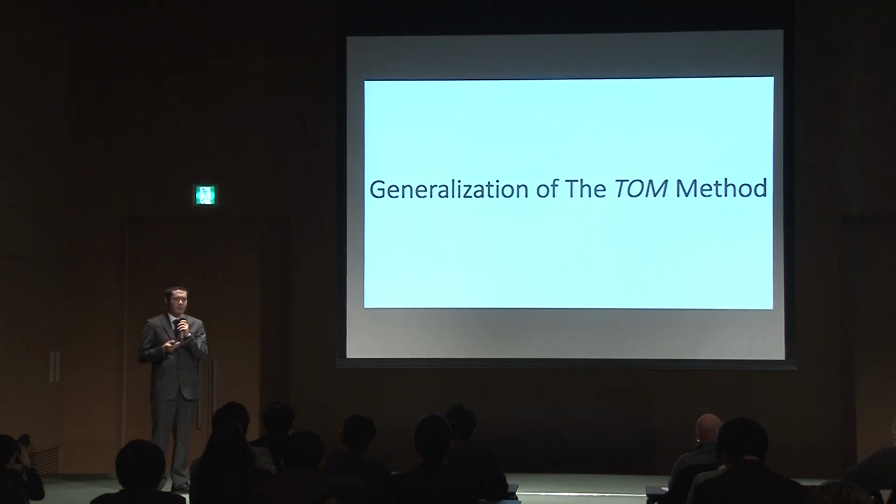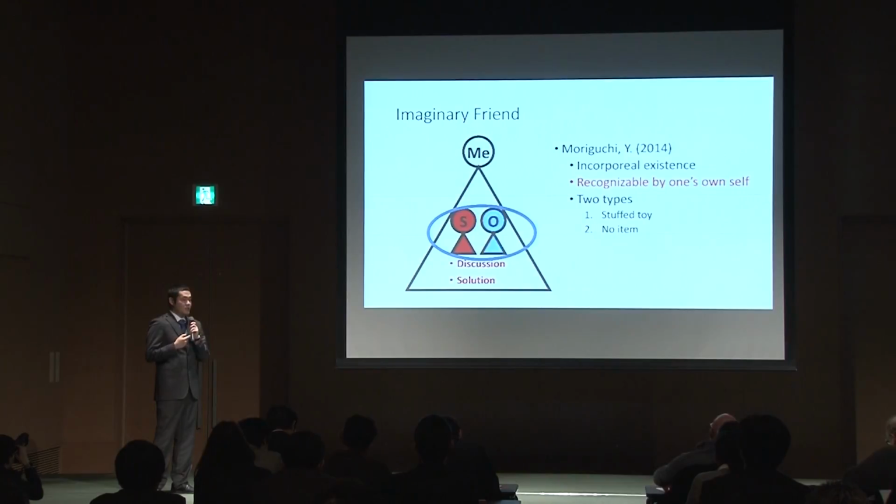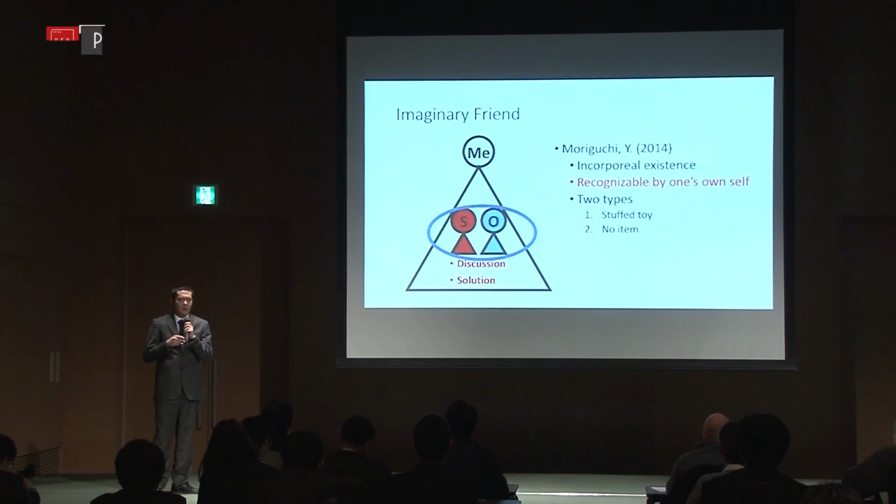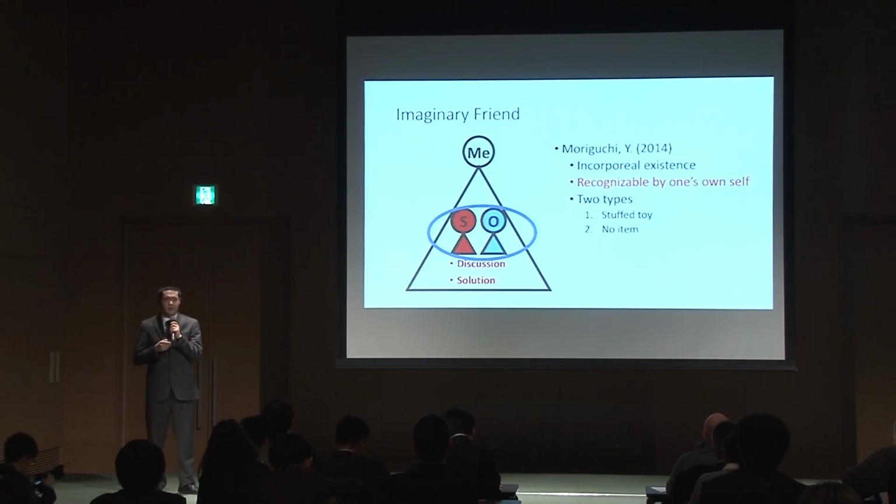From now, I'd like to generalize the Tom method. The key part of the Tom method is that the person divides one's own self into two roles, the procedure in this blue circle. This is the same as creating two imaginary friends.